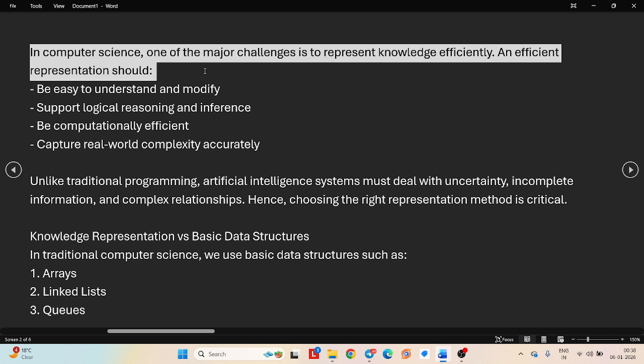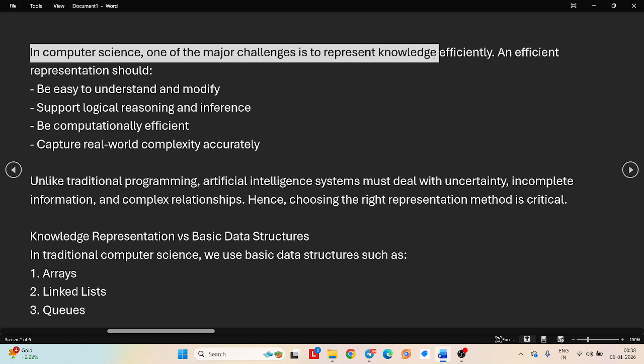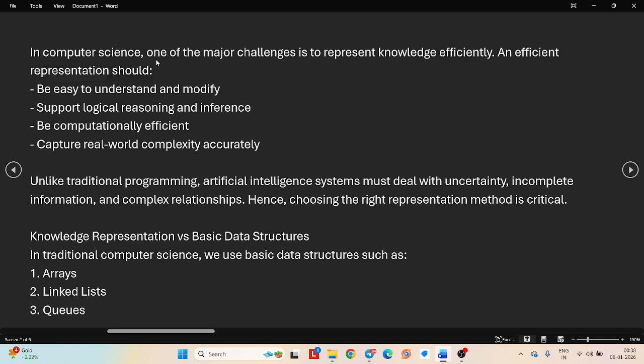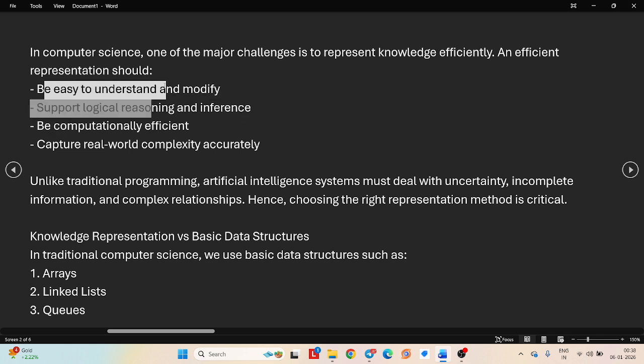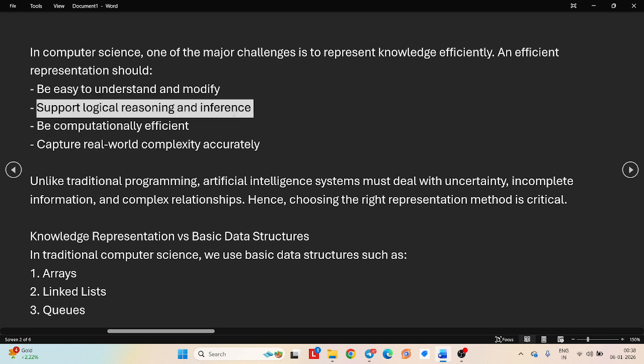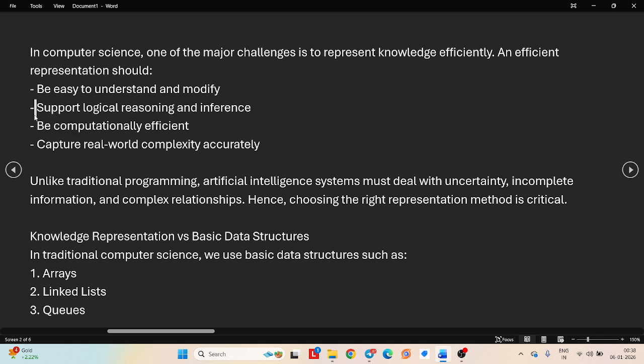In computer science, one of the major challenges is to represent knowledge efficiently. Whatever knowledge we have, we have to show it efficiently. In order to do that, the data should be easy and understandable, and it can be modified also. We have to support logical reasoning and inference, or else we can't make better decisions.